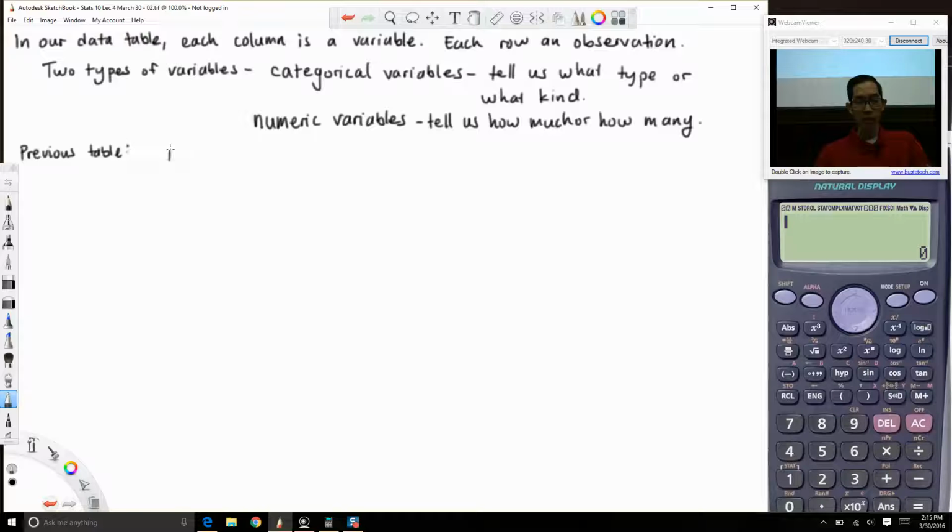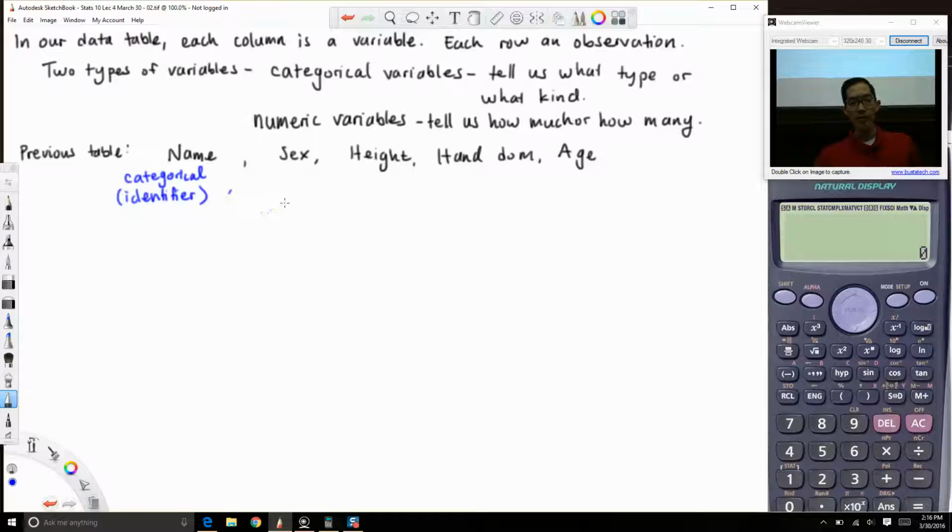Okay. So from the previous table, our column headings were name, sex, height, hand dominance, and age. Okay, and so if we were to label these as either categorical or numeric, we would say name is categorical. Now, some texts will say there's a special kind. This is an identifier, okay?